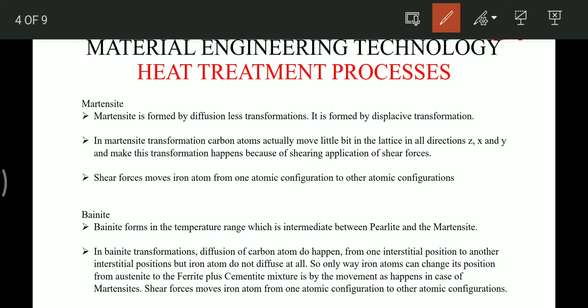So we will study a little bit about martensite and bainite structure, because you will not know their properties if you don't know what they are. They are formed by diffusionless transformation. As you know, pearlite is formed by a diffusion process, but martensite is formed by diffusionless transformation, and the process by which it is formed is called displacive transformation.